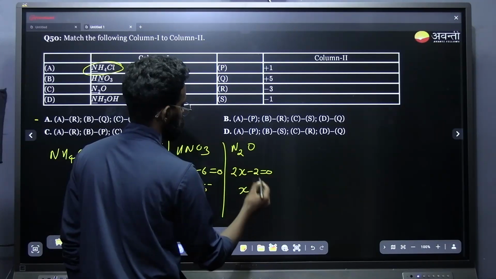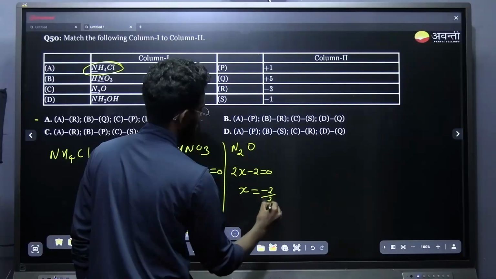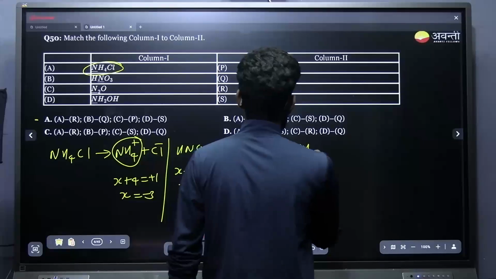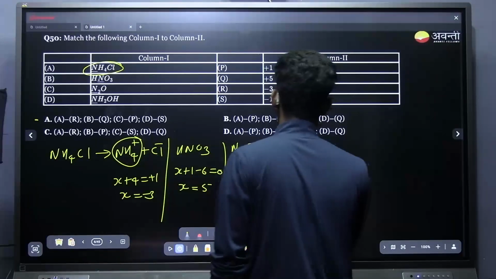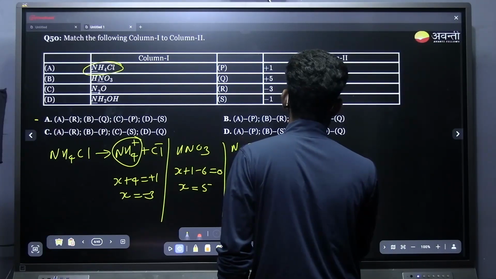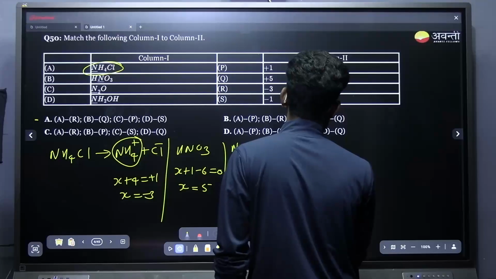So X is equal to 2 divided by 2, which is plus 1. Then the last one, NH2OH, X plus 2 minus 2 plus 1 is equal to 0. So X is equal to minus 1.